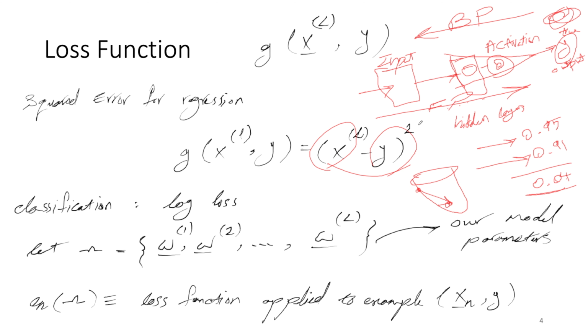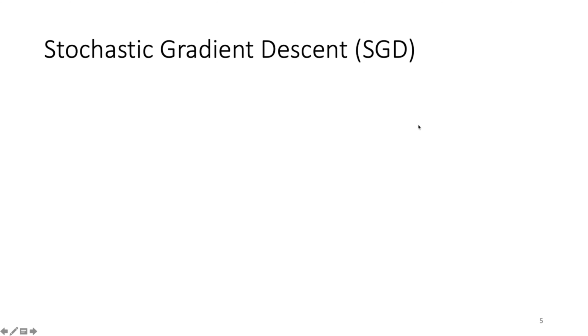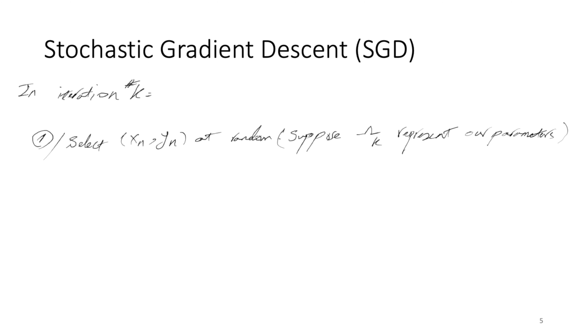So first, let's see how we're going to find the gradient. As you knew already, we're going to use stochastic gradient descent. So in iteration number k, we have to do the following. We have to select xn and yn at random because it's stochastic. And just like before, suppose your omega k represents your parameters.